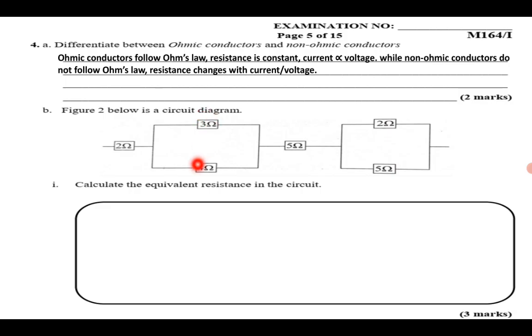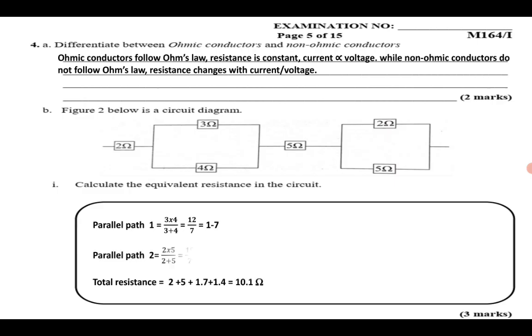So add up 3 ohms and 4 ohms in parallel, and also add up 2 ohms and 5 ohms in parallel. What you find here, you add to this one, which is in series. You also add the result you get there, and add this one. That will give you the total resistance.